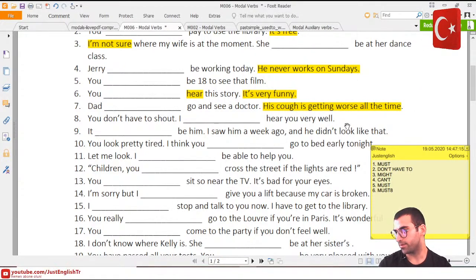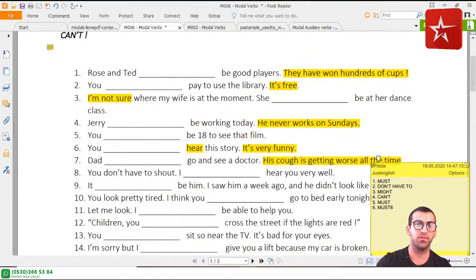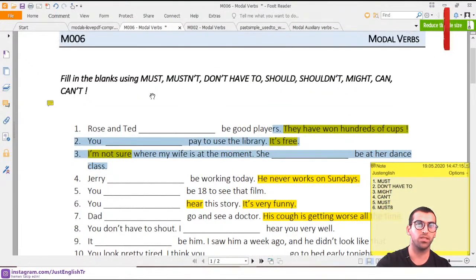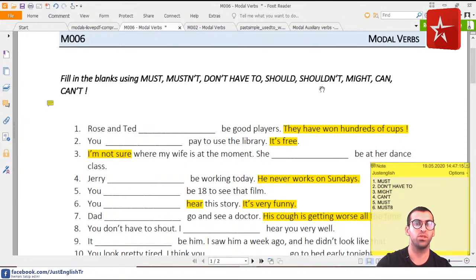Number 7. Zeda says should. Şeyma Bayraktar says should. Let's wait for other comments, and then I will tell you which answer is correct. And by the way, guys, we have to use the modal verbs from here: must, mustn't, don't have to, should, shouldn't, might, can, or can't.